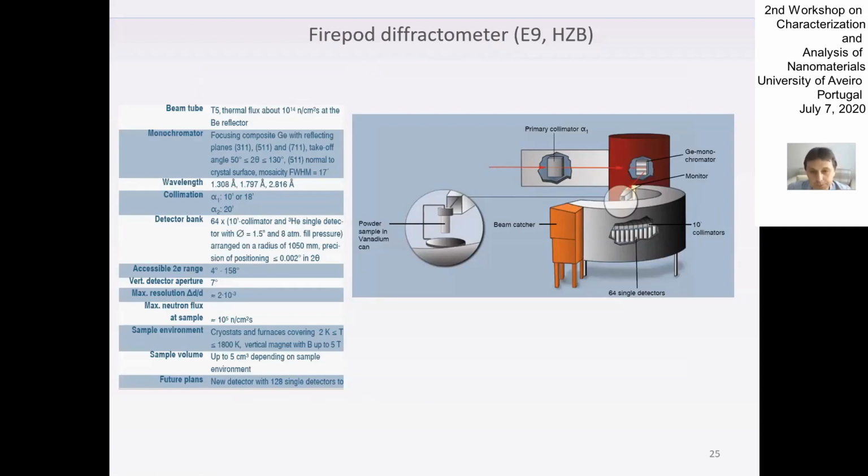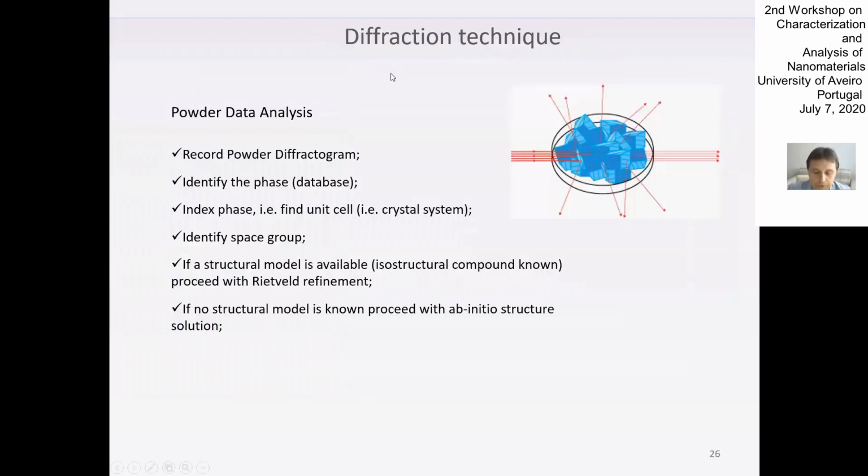Okay, so what kind of information can we get from this type of experiment, diffraction? We can estimate the phase of the material, what in reality we have. We can estimate the symmetry of the material.